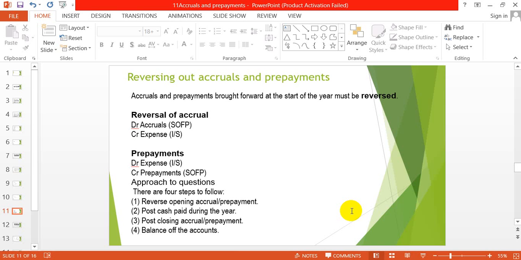The reversal for the prepayment is to debit the expense in the income statement and credit the prepayment in the statement of financial position.